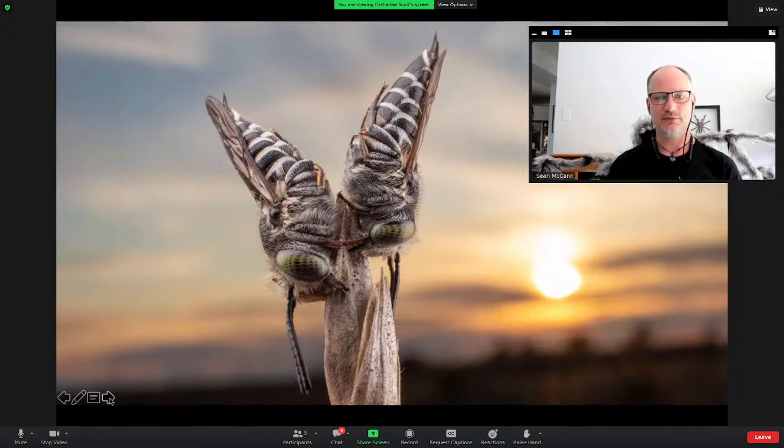They don't have a nest to return to, or they don't have anything dug yet, so they spend their night perched on this dead vegetation, hopefully avoiding predators, because nothing much likes to climb up dead vegetation since there's no active photosynthesis or anything like that. So next slide.